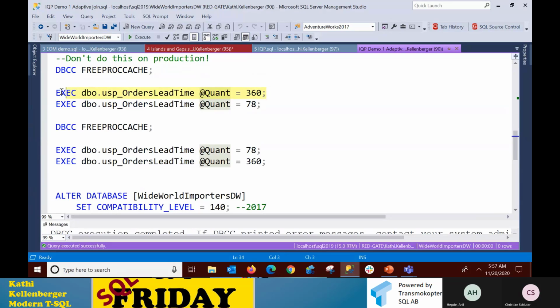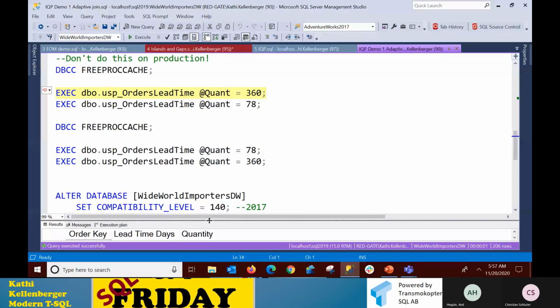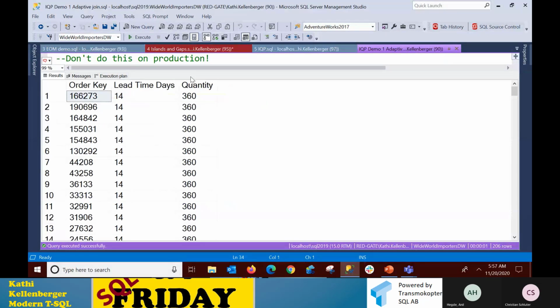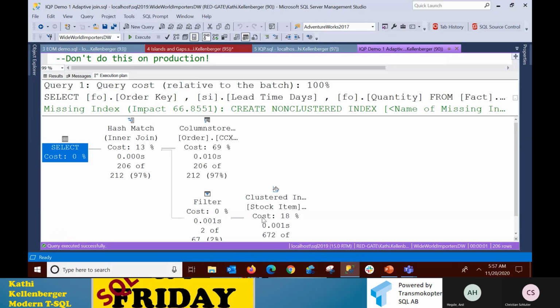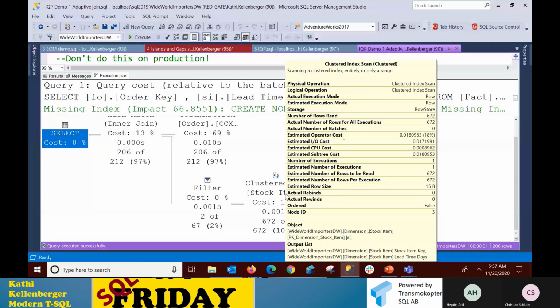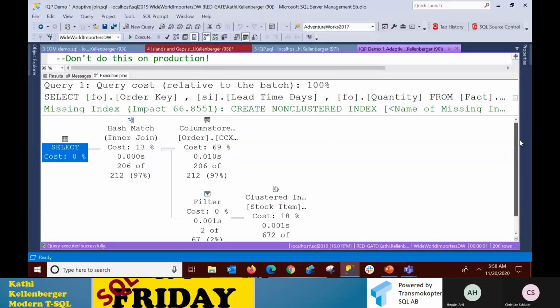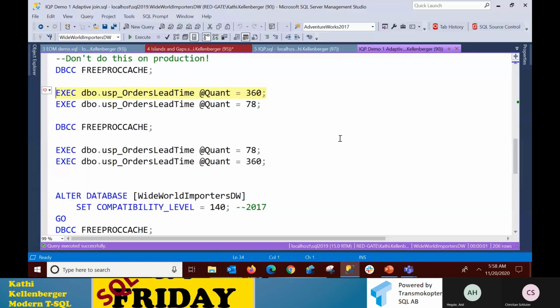If I run this first one, I get back around 200 rows, 206 rows. And if I look at the execution plan, I can see that it did a clustered index scan. Then it applied the filter, and it did a hash match. So for that particular parameter, that is what it needs.